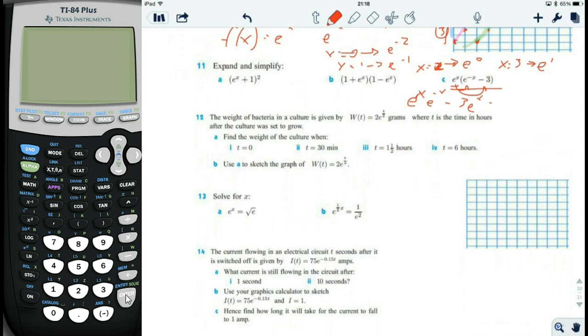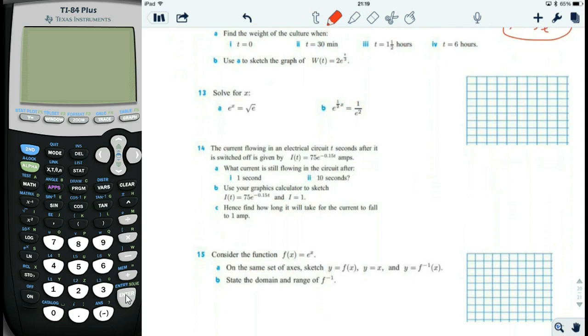E to the x times e to the minus x, you just add the exponents because they have the same base, right? That would be the same as e to the 0, which is, of course, 1. And then you have minus 3 e to the x. So if you're going to simplify that, you would just say 1 minus 3 e to the x. I don't think you can simplify it any more than that. Okay?